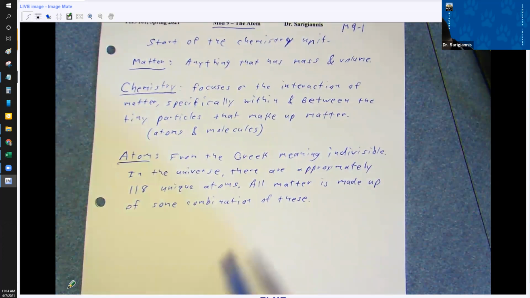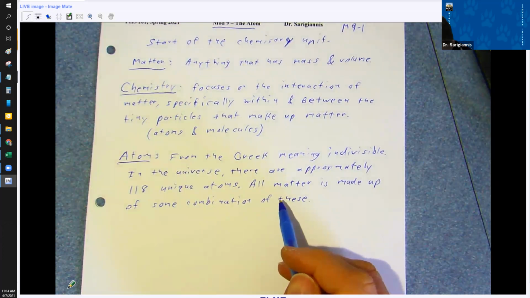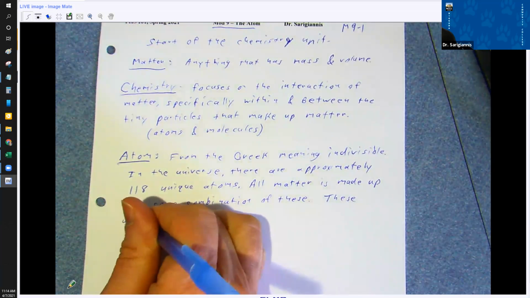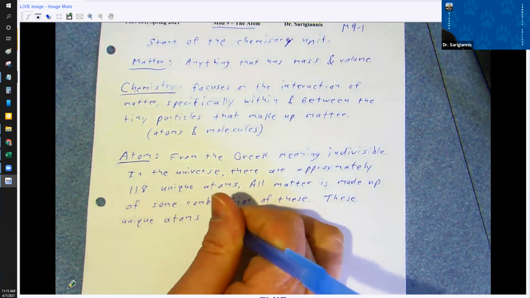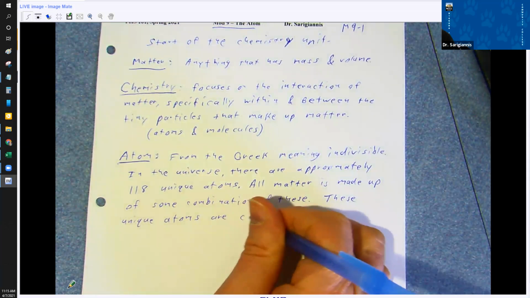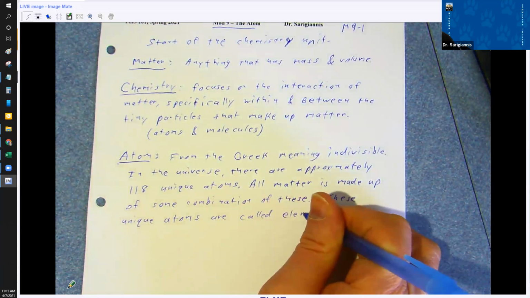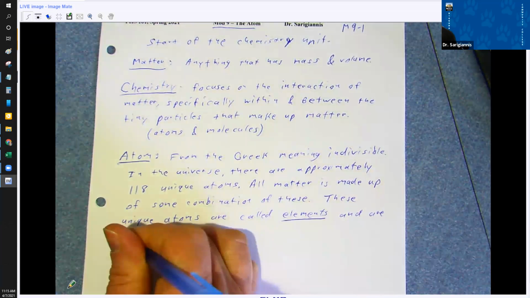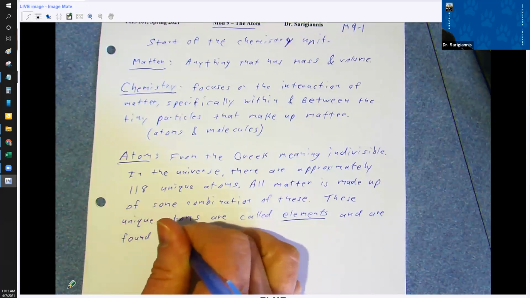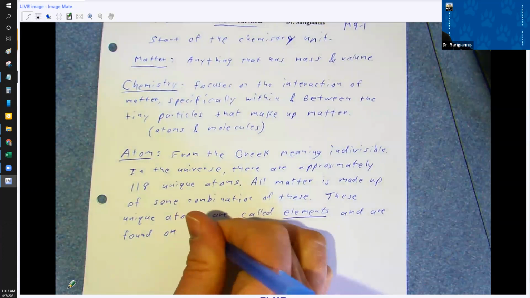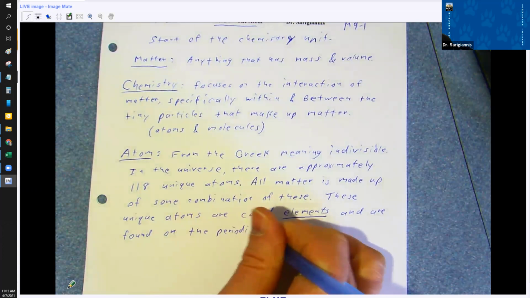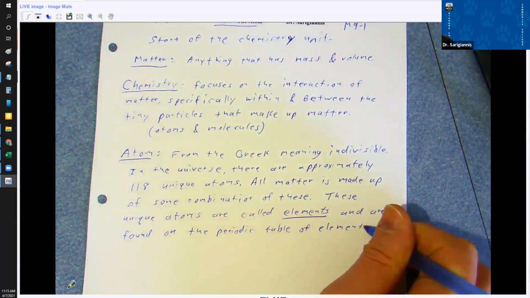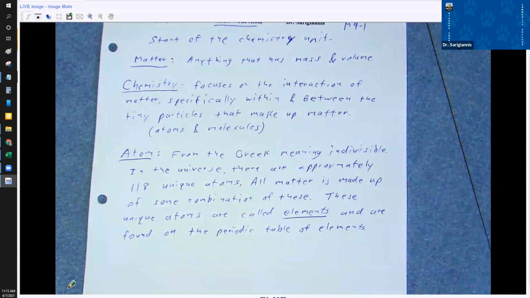I'd have to look at the table itself to count, but these unique atoms are called elements, and are found on the periodic table of elements, which does get introduced later on.